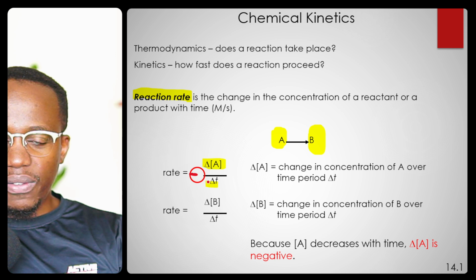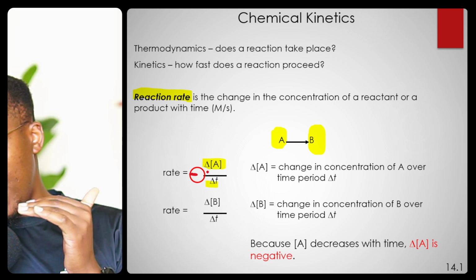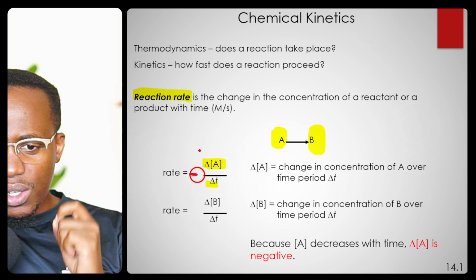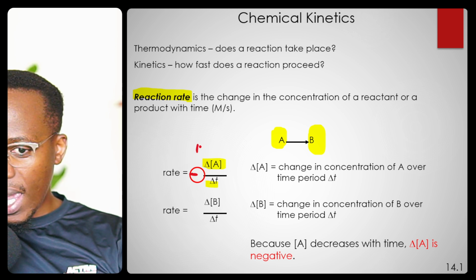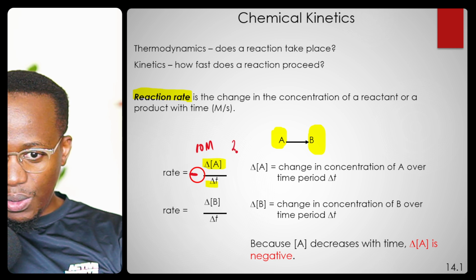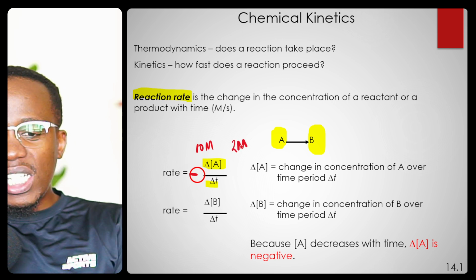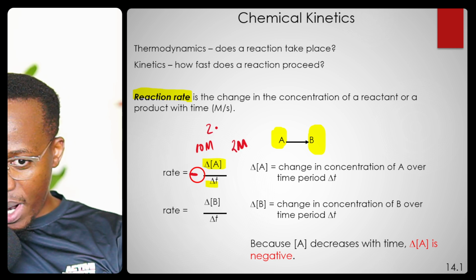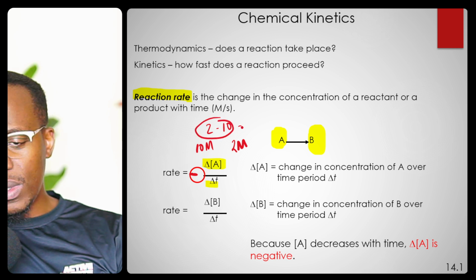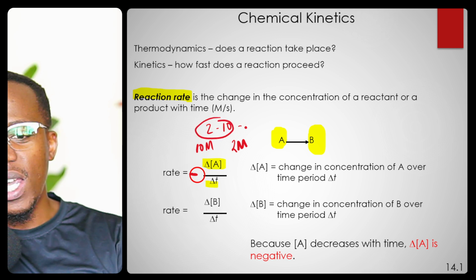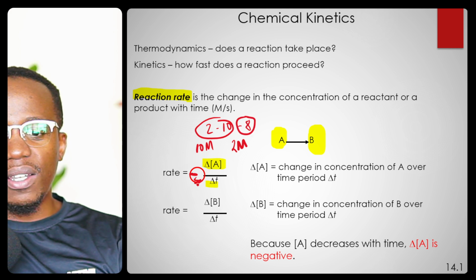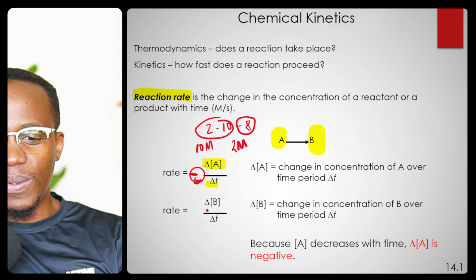We're going to have to give it a negative because it's the disappearance. I want everybody to understand that. So if we start with 10 molar, and then we end up with 2 molar, the change is going to be 2 minus 10. It's going to be negative 8, it's negative. That's why we put a negative in front.